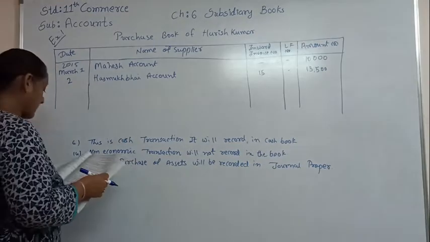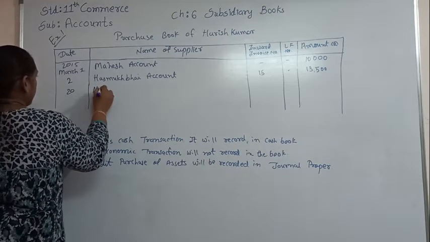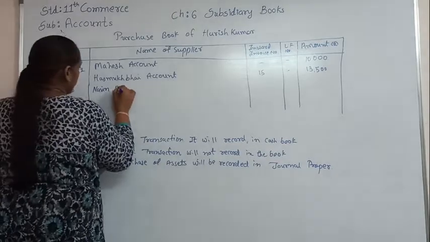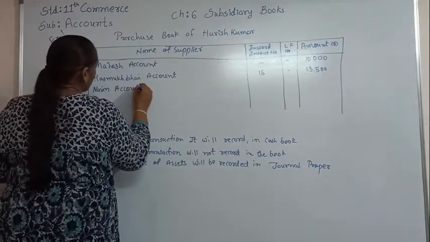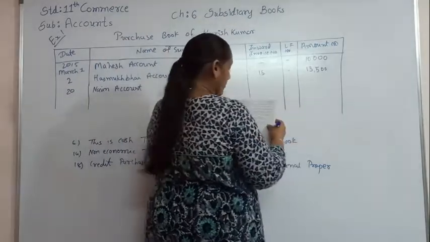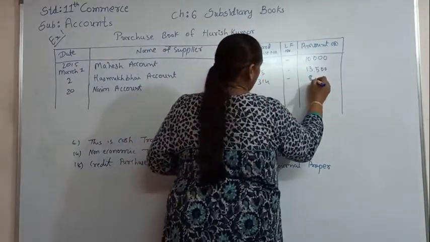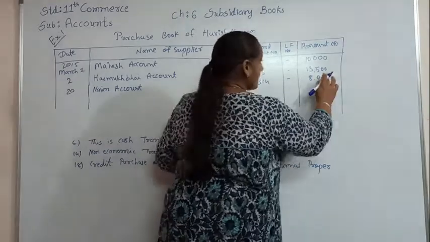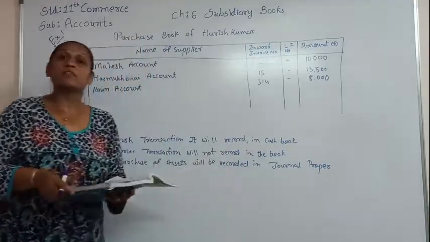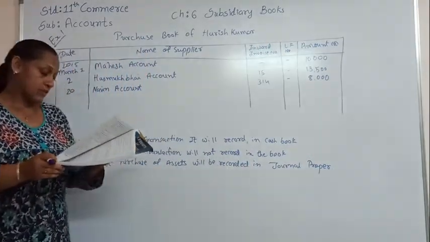So we will write here on 20 date Navin account. The amount we are going to write down is 8,000, and here the invoice number is 314 and amount will be 8,000. 10,000 minus 20% of 10,000, that will be 2,000. So amount will be 8,000.